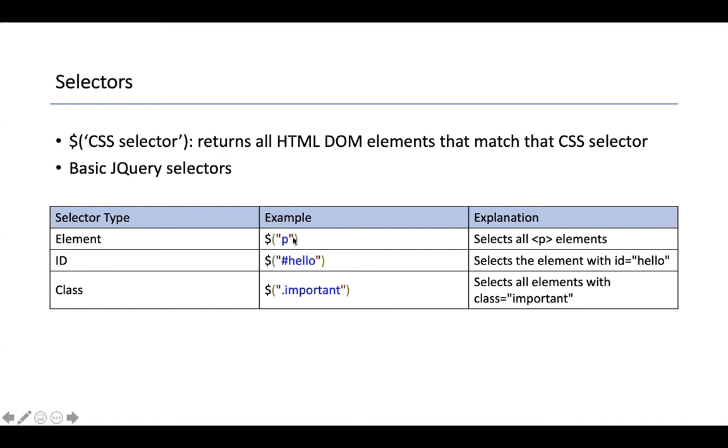So for example, if I want all paragraph tag elements, then this simple command would return an array of all paragraph elements. This one would specifically return the element with the ID hello. This would return all HTML elements that have the important class. Okay, so basically makes doing selections easy. The book has a number of other selectors, but these are the ones probably most useful to you in your project.